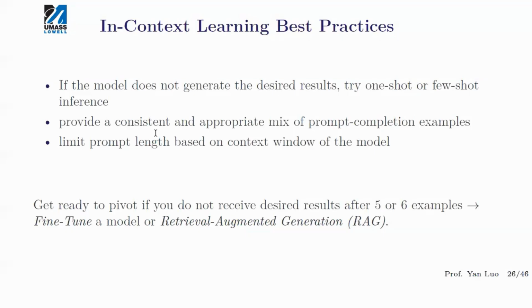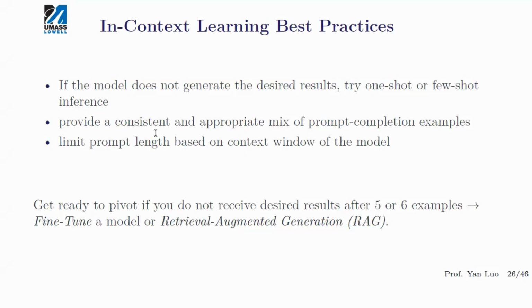All right, so there are some best practices so that you can take advantage of these models without needing substantial programming or fine tuning. Let's say the model does not generate the desired result: try one shot or few shot inference.